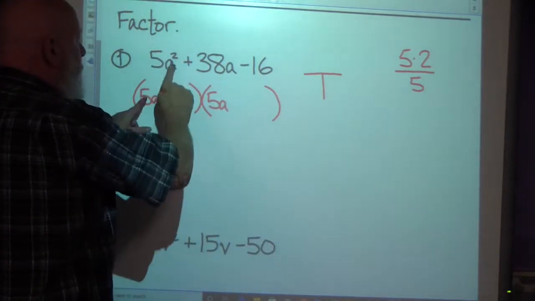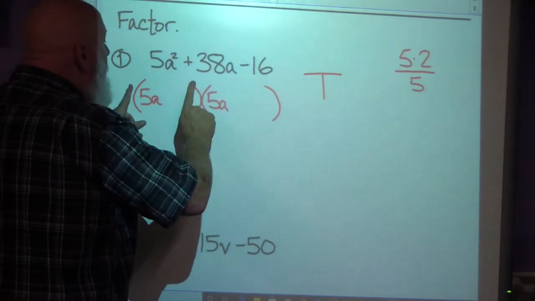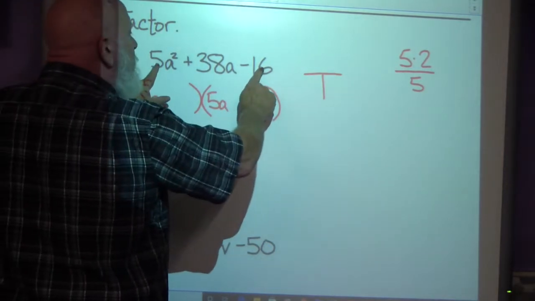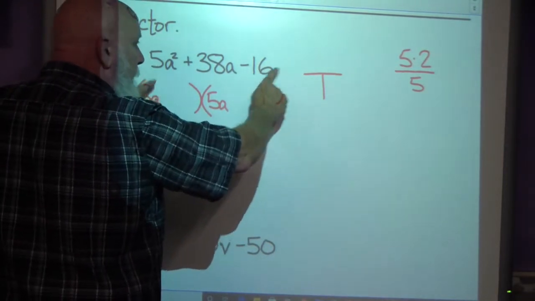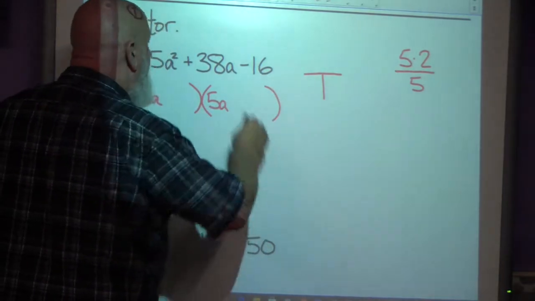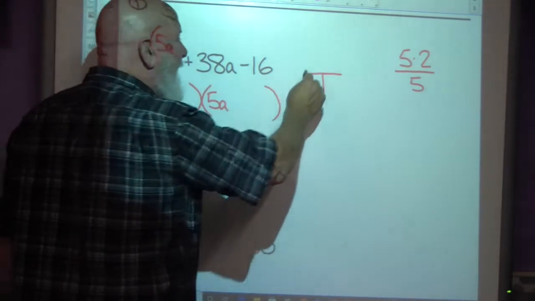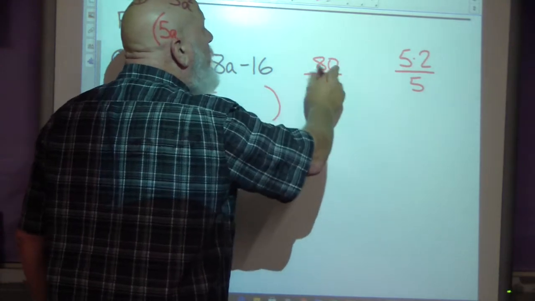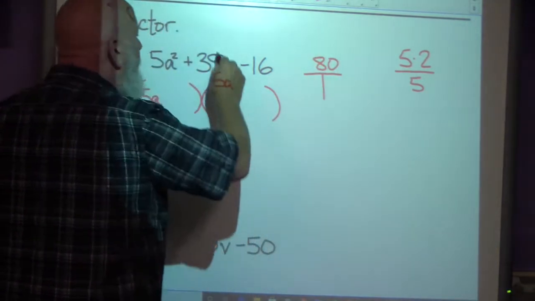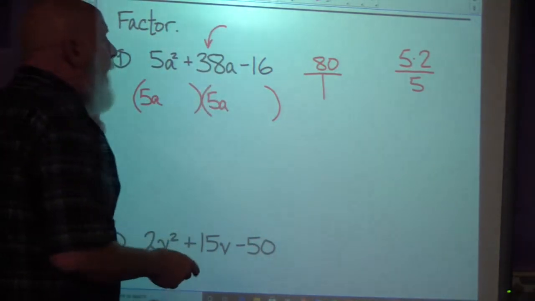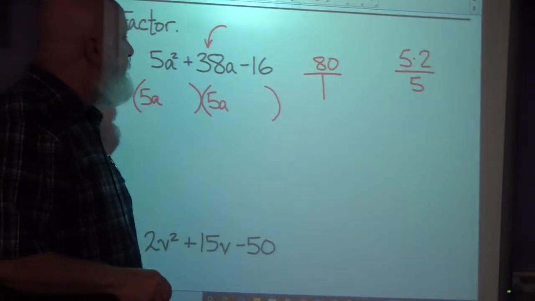So let's see here. I went 5a, 5a. Doing this enables me to multiply these two together and put that number right here. 5 times 16 is 80. And now I'm looking for factors of 80 that will add or subtract to give me 38.